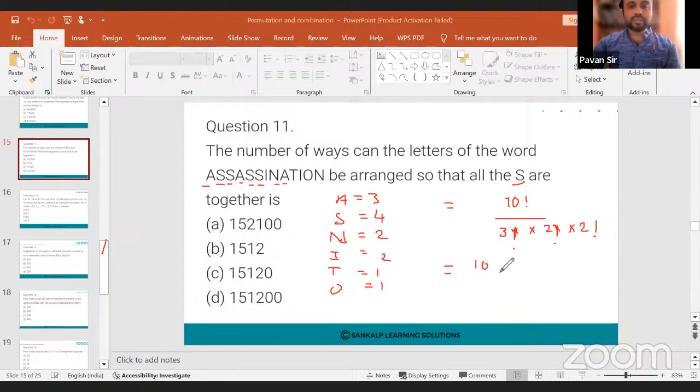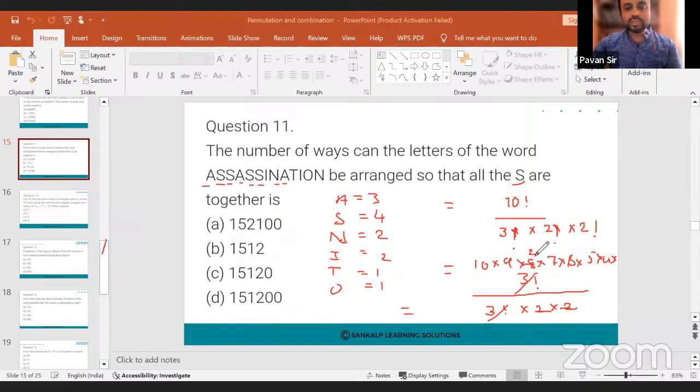So 10 factorial means 10 into 9 into 8 into 7 into 6 into 5 into 4 into 3 factorial, divided by 3 factorial into 2 into 1, 2 into 1. 3 factorial got cancelled. So 2 into 2 is 4, 4 twos are 8. Now you calculate it, you will get the answer.